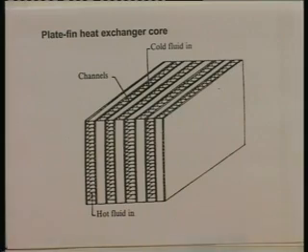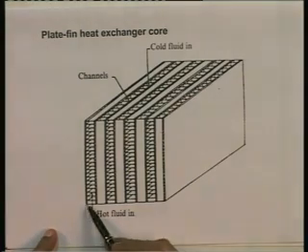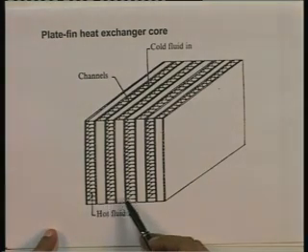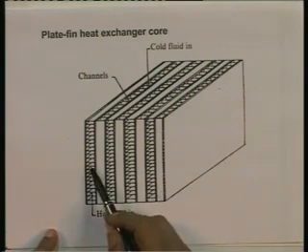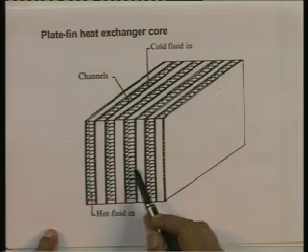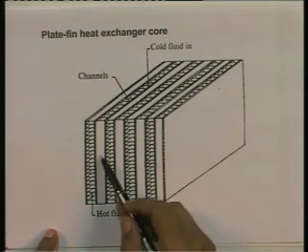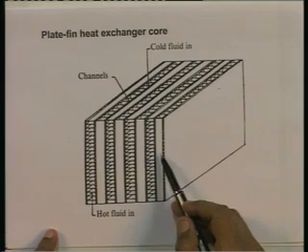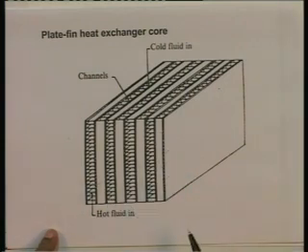There are here 1, 2, 3, 4, 5, 6, 7, 8 and 9 plates, and if I start numbering the channels from here, channels 1, 3, 5 and 7 are one set of channels, and 2, 4, 6 and 8 constitute the other set of channels. 9 plates giving us 8 channels, 4 for the hot side, 4 for the cold side.